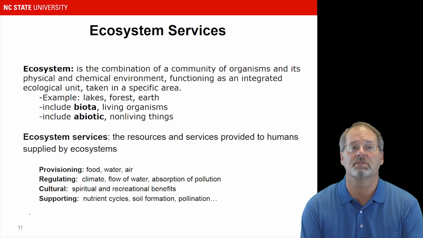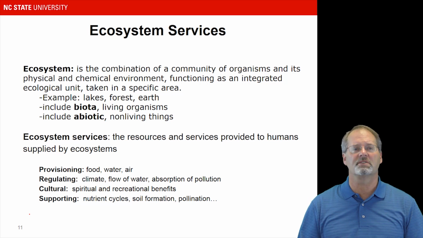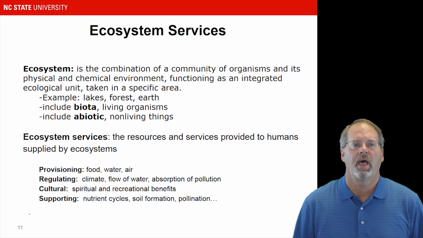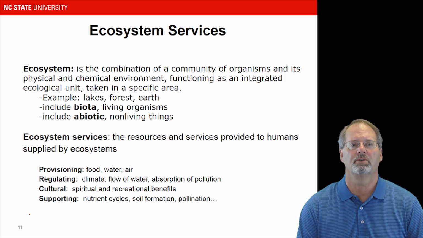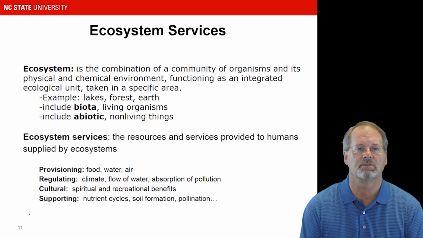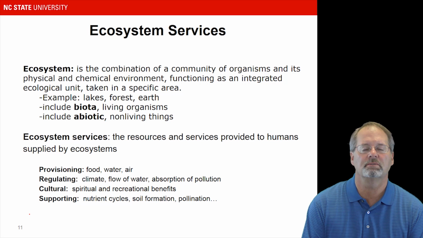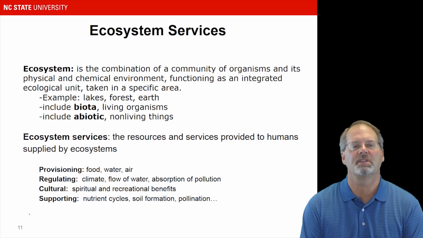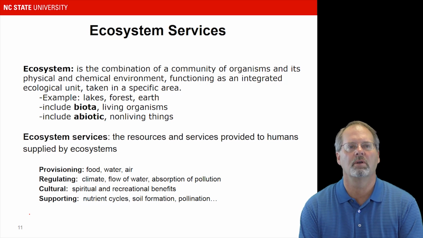Another ecosystem service is cultural, spiritual, and recreational benefits. And then there's the supporting category, where the environment has different cycles, like the nutrient cycles used in soil, pollination to propagate plants, and areas for wildlife to live. So all these things can be ecosystem services.